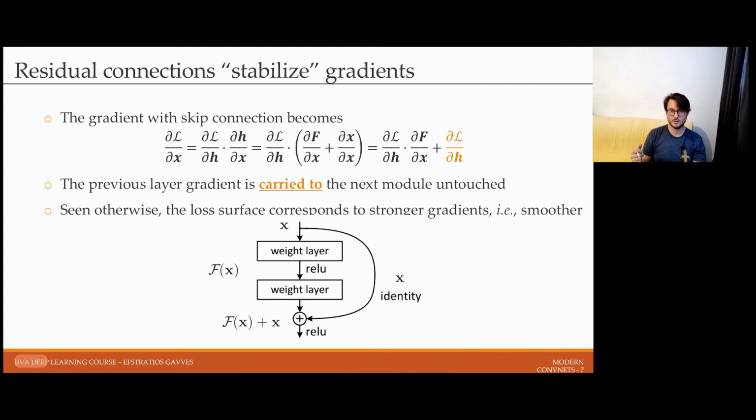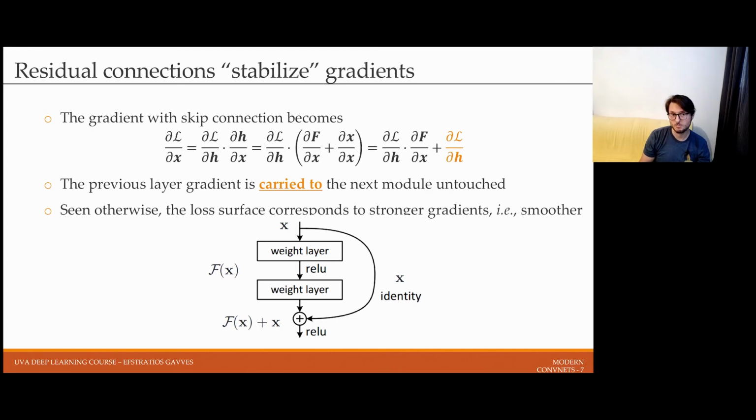And now to the million-dollar question: why is it that skip connections actually make things so much nicer? Why do they make the loss landscape better? Why do they propagate the signal more easily?